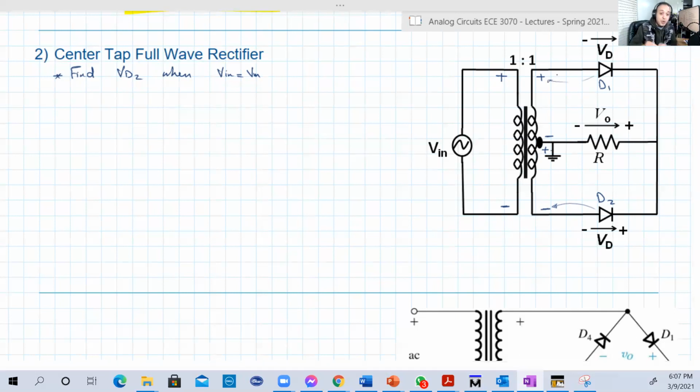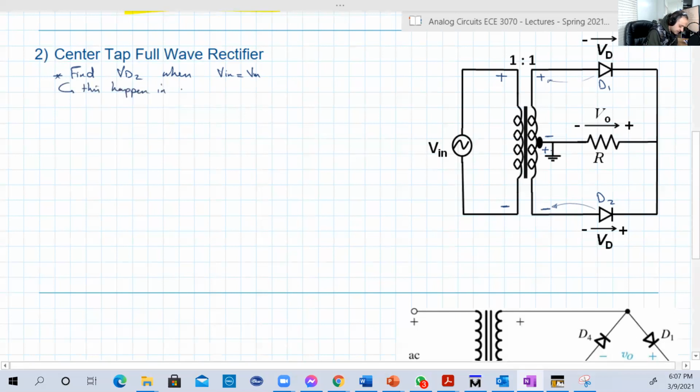Okay. So when we apply VM in the positive half cycle, D2 will be reversed. Okay. But D1 is forward in the positive half cycle. Okay. So this happens in the positive half cycle when D2 is reverse.